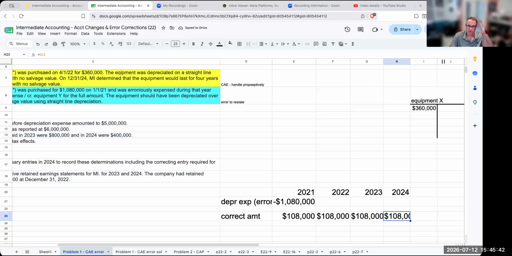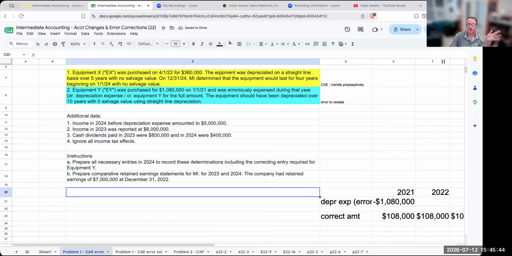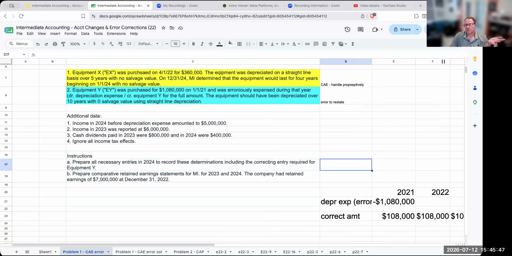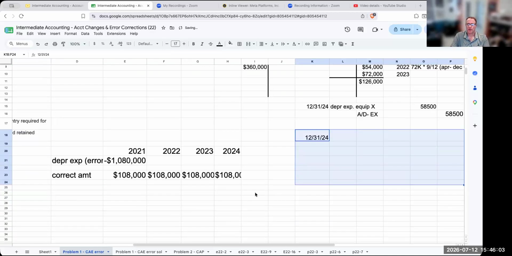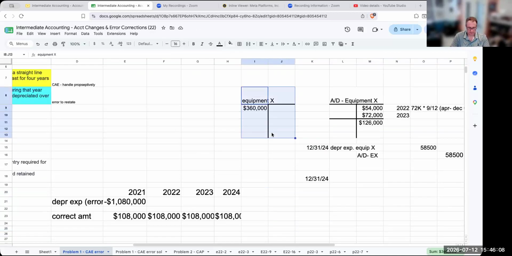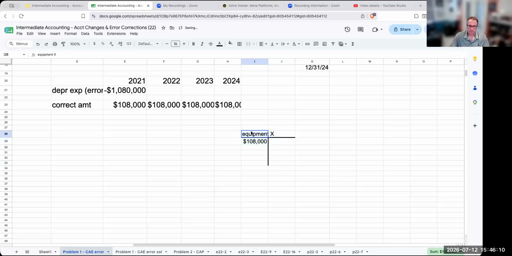We can impact this in a few different ways. If I'm asked to do this for 2024, what is this going to look like? Let's do the hard part first. What should this really look like? We should have equipment Y at 1,080,000.